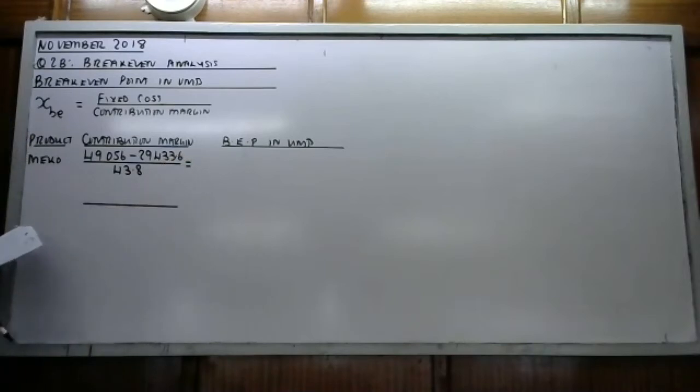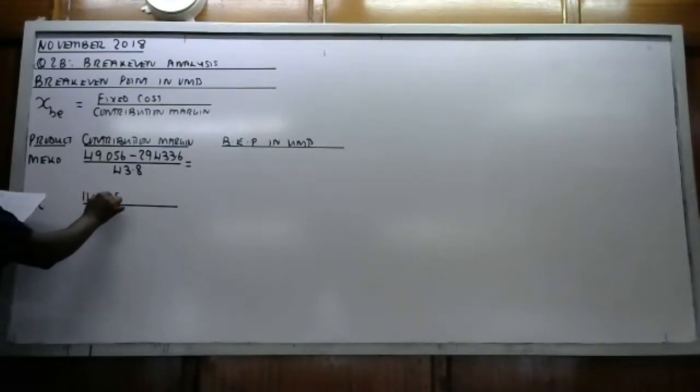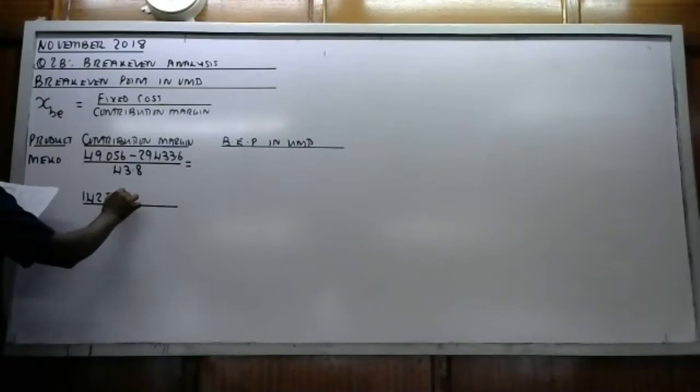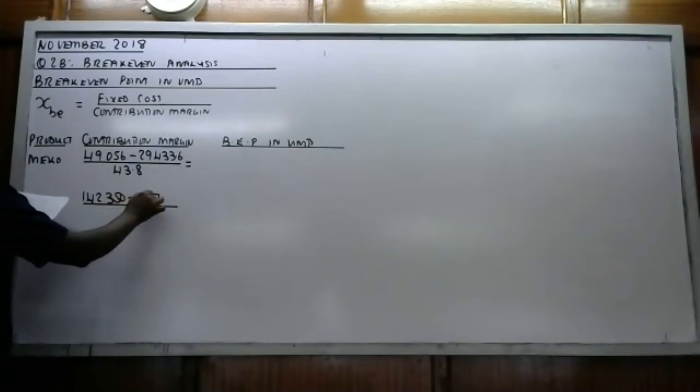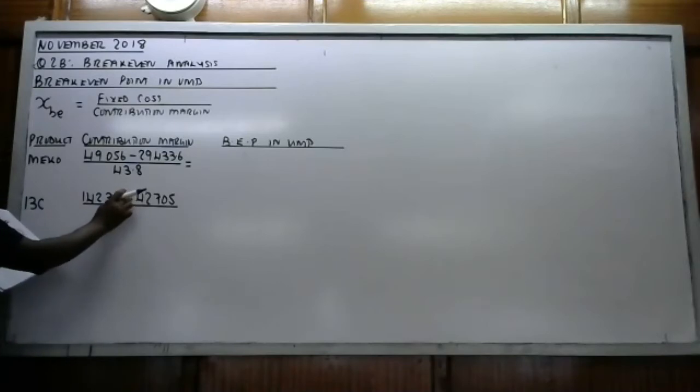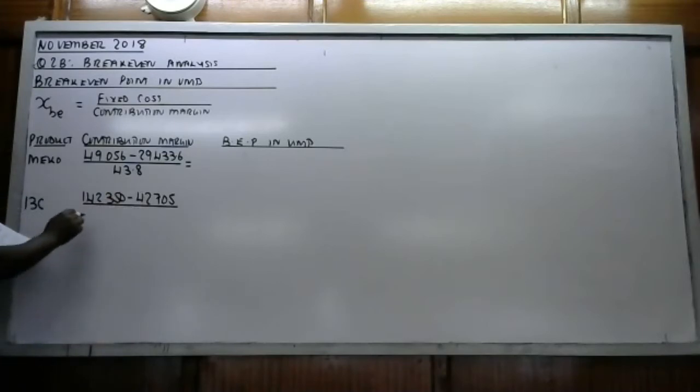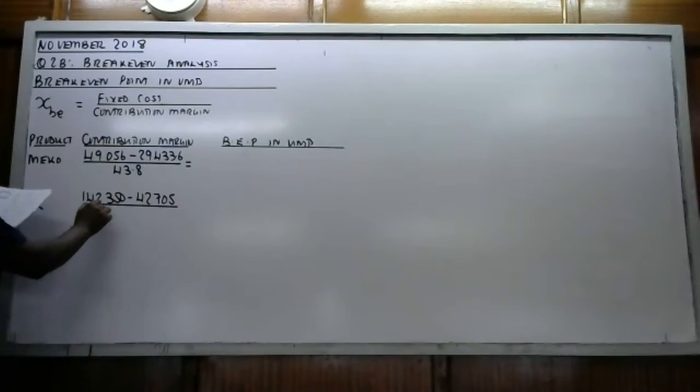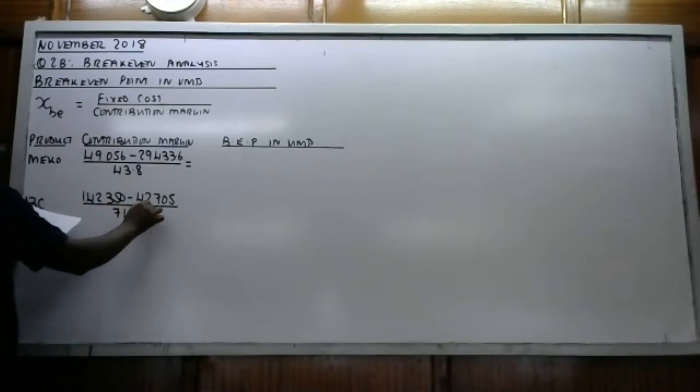Then when you come to 13C, sales are 142,350 minus 42,705. So hii inatupea total contribution. You divide by the units, 71.175.